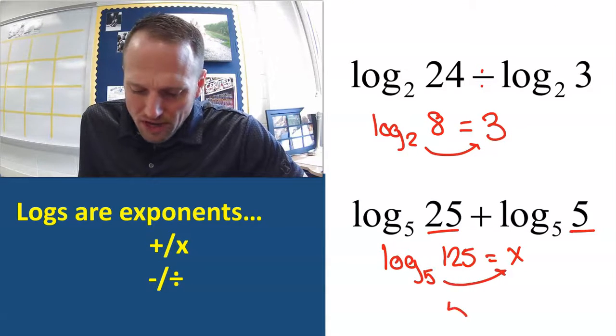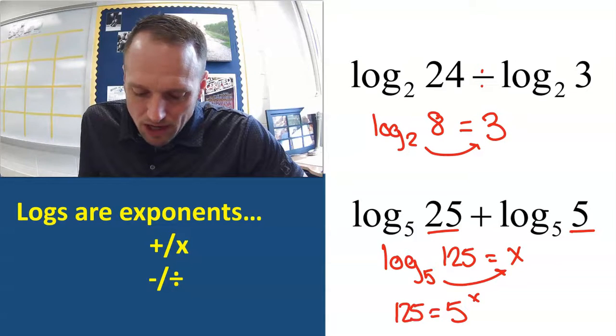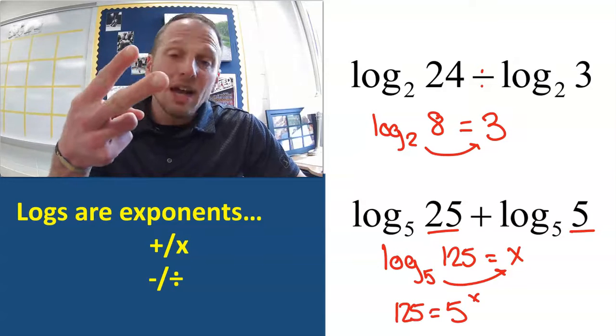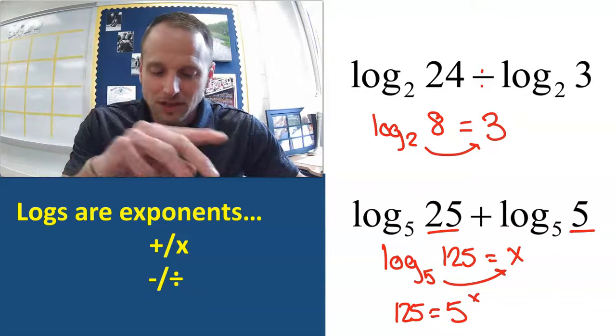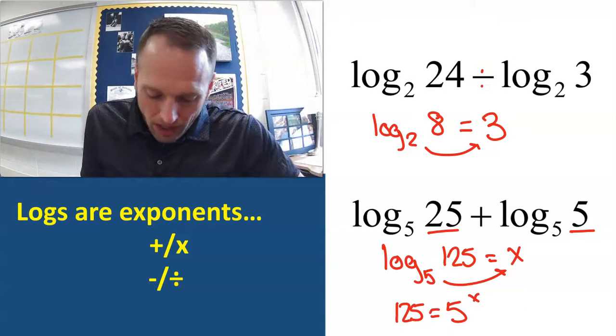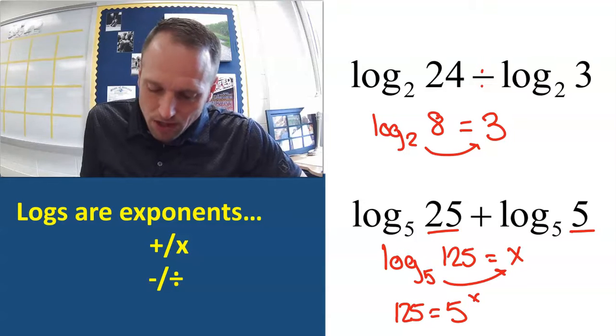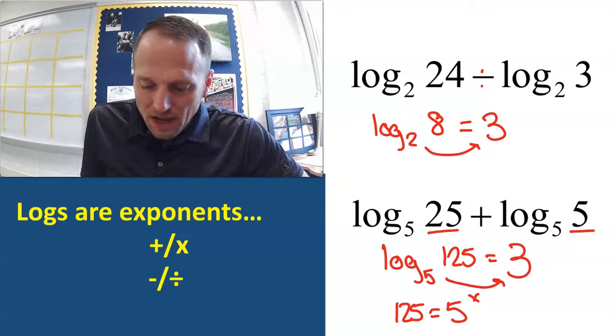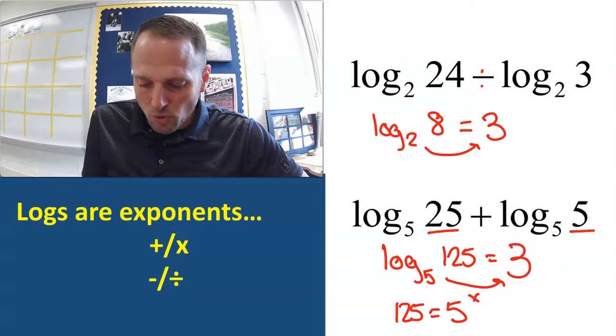So 5 to the what power is equal to 125? Well, 5 times 5 is 25, times 5 again is 125. So x right here is going to be 3. So we can just come back up here and say that this is equal to 3, because 5 to the third power is equal to 125.